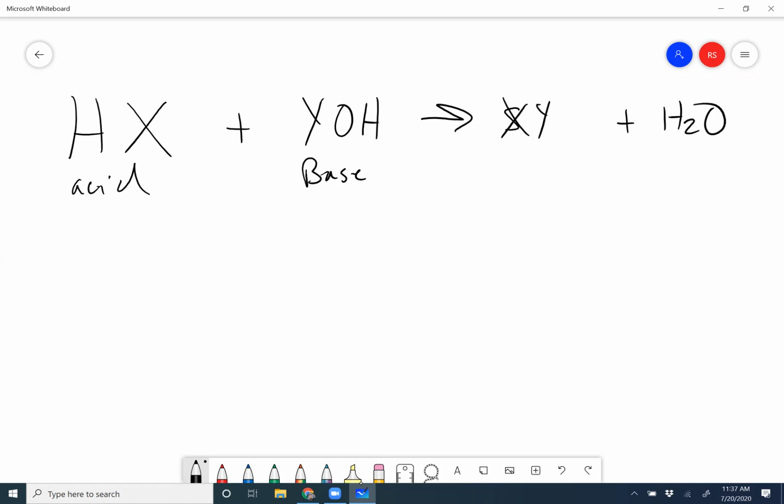So those are both neutral, salt and water. Just typed H2O again. All right, so that's an acid-base neutralization. Now, obviously, if you don't mix them together correctly, if you don't follow stoichiometry, then you will not completely neutralize it. And one way to monitor reactions is to monitor their pH.